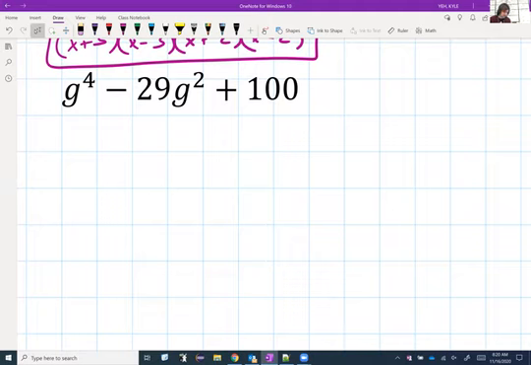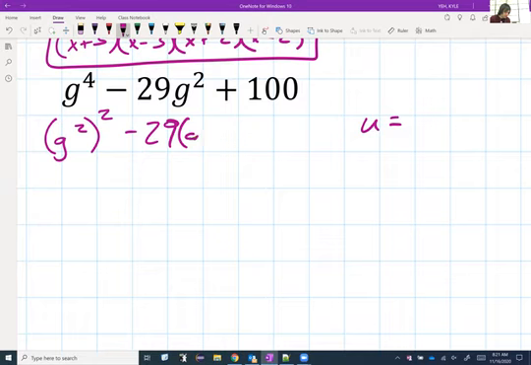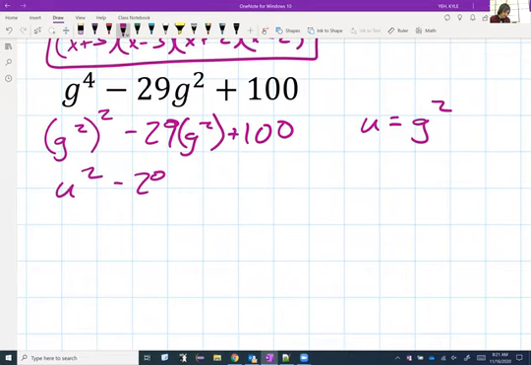What should u be? Well, if I'm trying to put this as something squared, it would have to be g squared minus 29g squared plus 100. So it looks like u should be g squared. And that's because now I can see I'm going to have u squared minus 29u plus 100. And there is a very standard chapter 5 quadratic for me to factor.